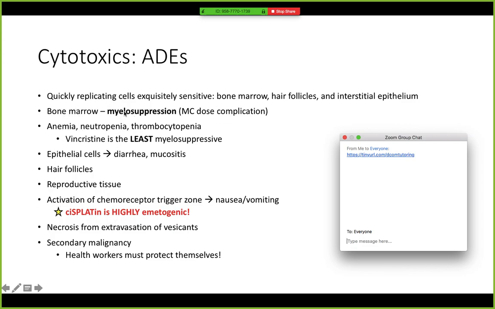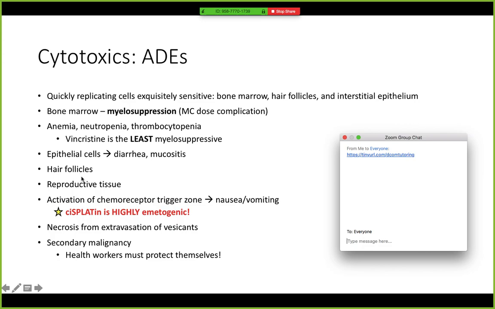So you're going to see myelosuppression due to the effect on the bone marrow: anemia, neutropenia, and thrombocytopenia. And then because of the effects on the interstitial epithelium, you're going to see diarrhea and mucositis. So the big one here being methotrexate causing mucositis.